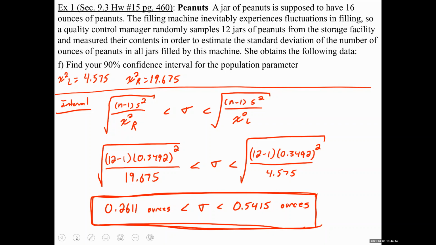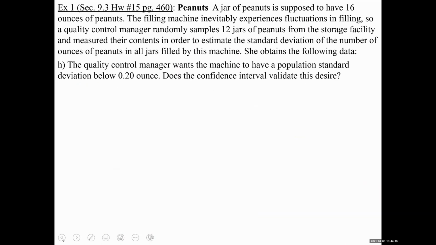Okay, so if we go to part H, our confidence interval was 0.2611 ounces. So sigma is between, or we're guessing anyway, that sigma is between 0.2611 ounces and 0.5415 ounces.